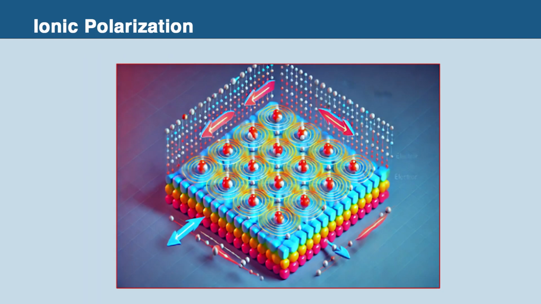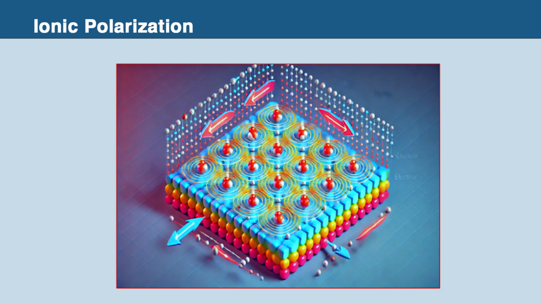Second one is ionic polarization. This is the colorful diagram, and this diagram shows a grid of atoms with positive and negative charges.